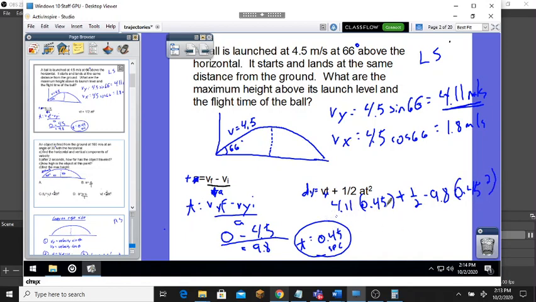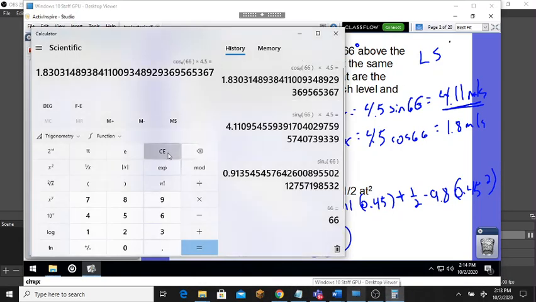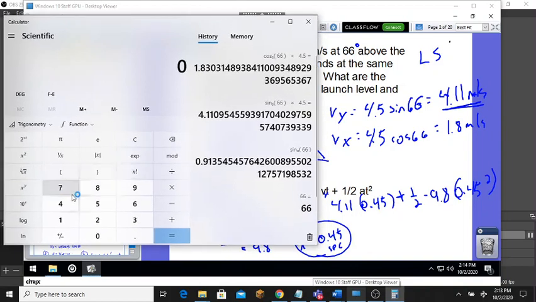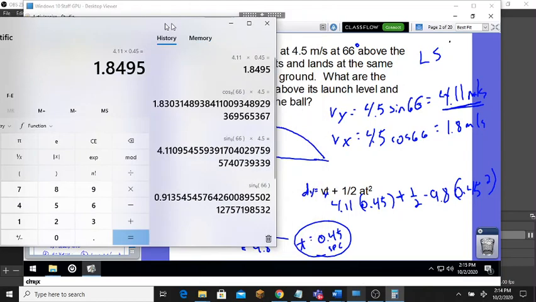Now this is really simple because the first thing we're going to do is multiply 4.11 times 0.45, and that gives me 1.84.